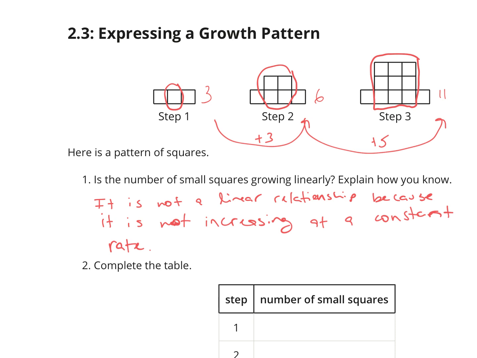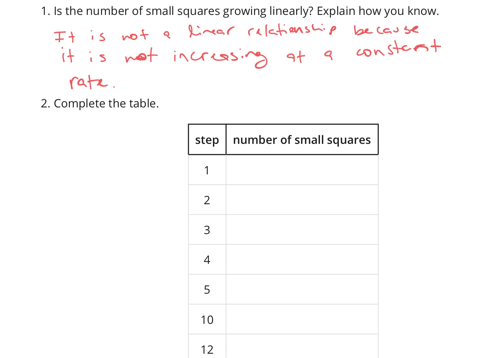We also see that there are 2 additional squares continuously being added each time. So not only are we taking the step number and squaring it, but we're also adding 2 more to that quantity. So for step 1, we know there's 3, step 2, there was 6, step 3, there was 11.